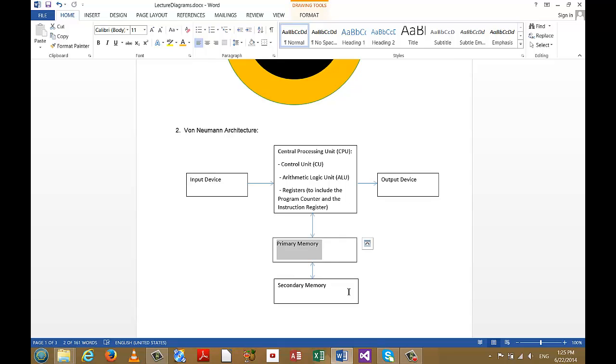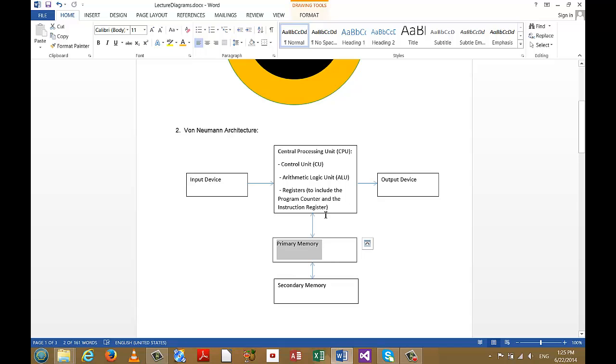So if you have some understanding of how this works, it's going to allow you, if nothing else, to make more intelligent purchasing decisions. You can't escape a computer purchase without having some understanding of secondary memory, primary memory, and input and output devices.